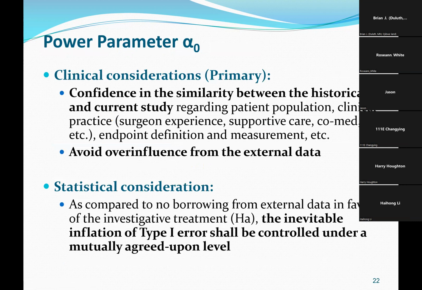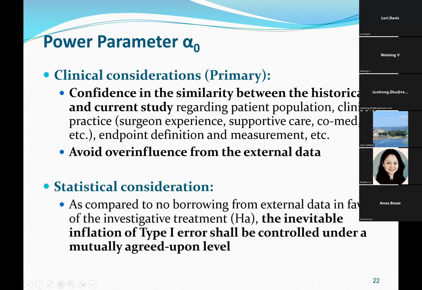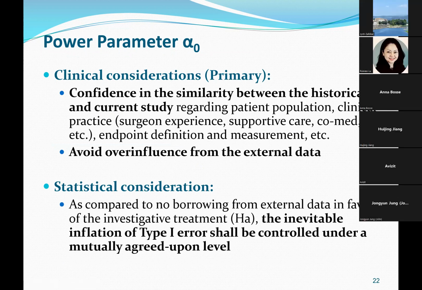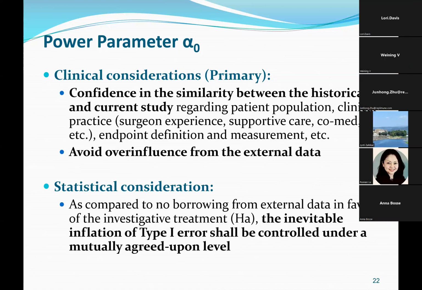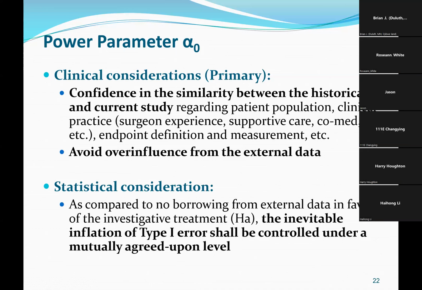So mainly it's a clinical decision, but also usually for Bayesian adaptive designs using such an approach, we require the sponsor to do extensive simulation to ensure the frequentist operating properties, like type 1 error, are well controlled at an acceptable level. Inevitably, the type 1 error will be a little bit inflated to maybe more than 5%.